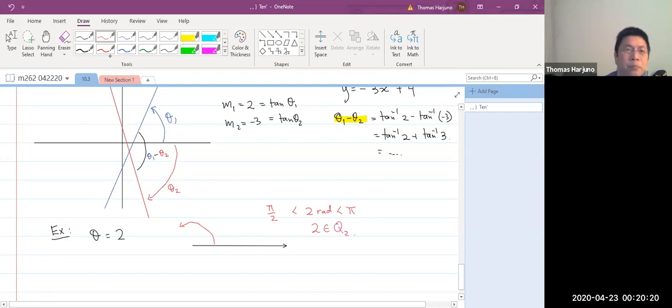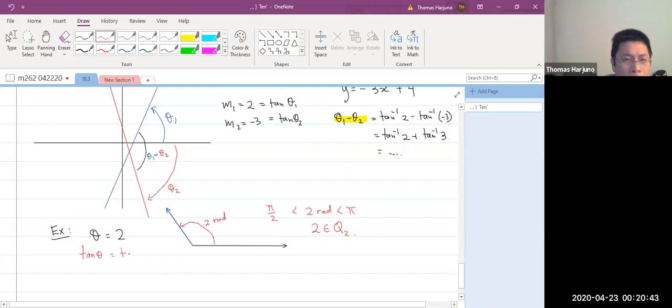So all the coordinates whose angle from the positive x-axis is 2 radians. How do we proceed? We do it the same way.